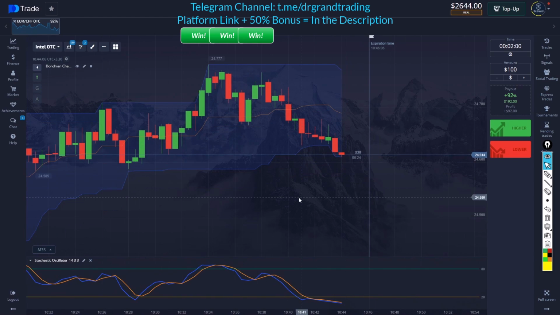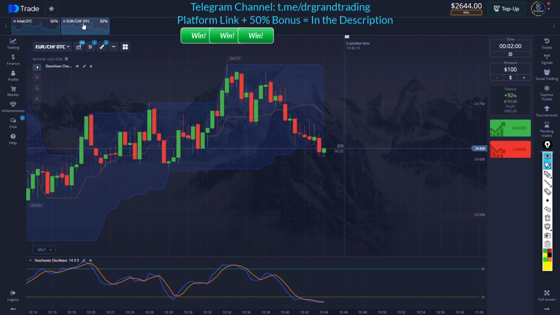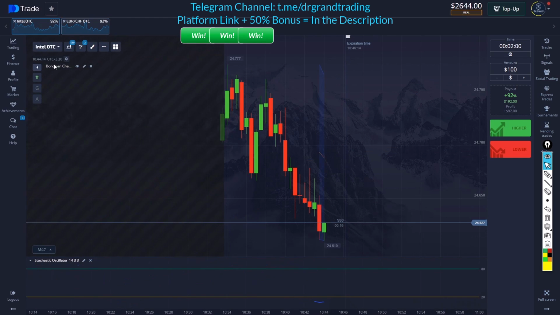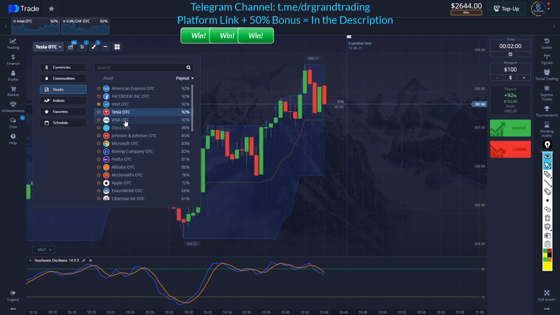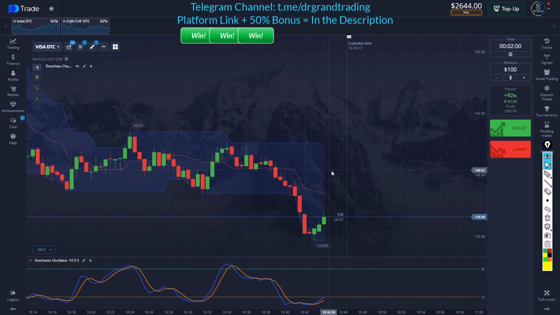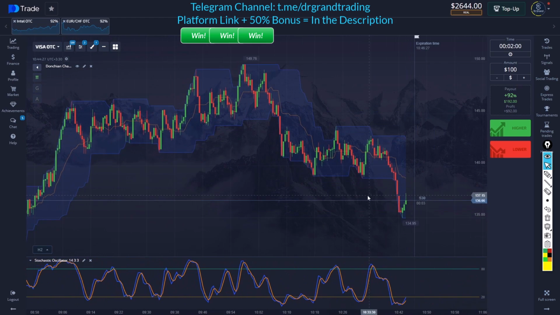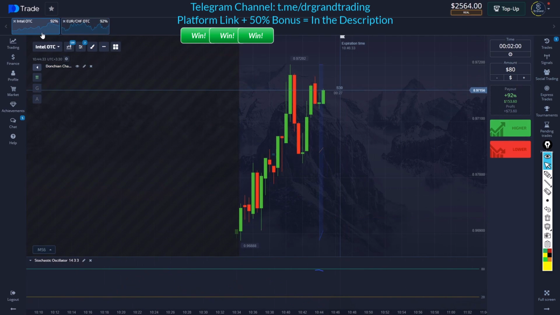Okay, let's see. I'll add this right here. Let's check this one. Okay, this one, I don't see a buyer's entry right here, but I will take this with lower amounts.